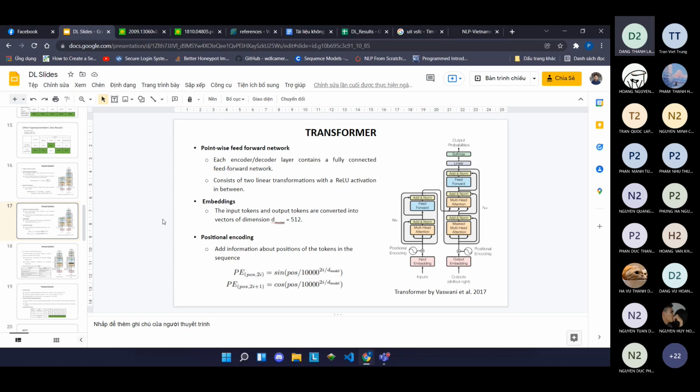As you can see here, the PE at the position and the 2i plus 1 would all be the positional encoding for the token at the position I. It would be represented by the 2i and the 2i plus 1 in the positional encoding.